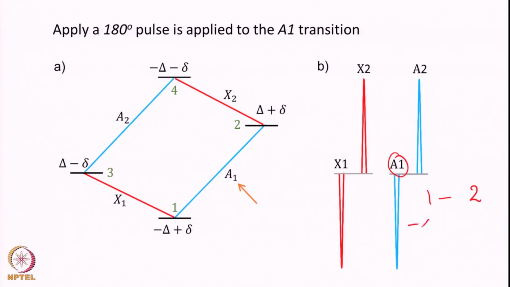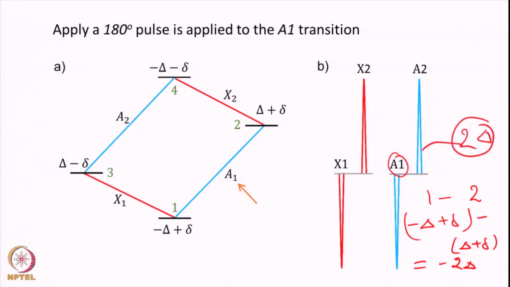So, that will be minus big delta plus small delta minus big delta plus small delta, which is minus 2 big delta, and for A2 it will be as usual plus 2 big delta. Because we applied a selective 180 degree pulse, A1 inverted and A2 remained unchanged. So, because of this inversion something happens to the X transitions. Now, that is very interesting.